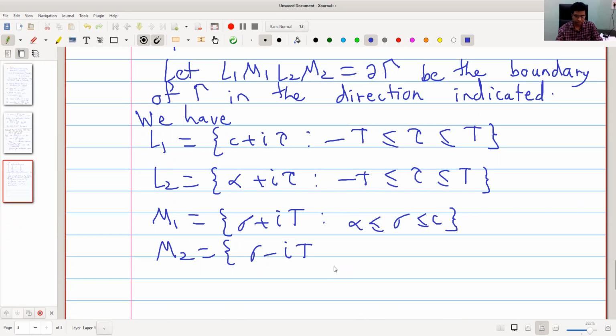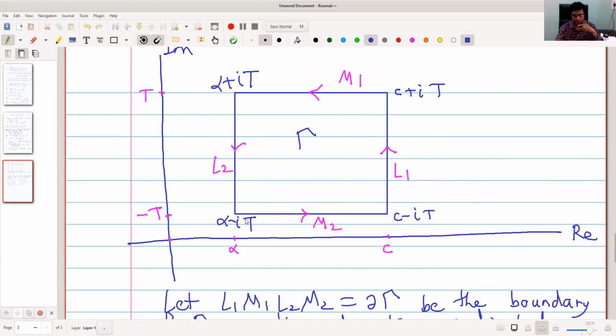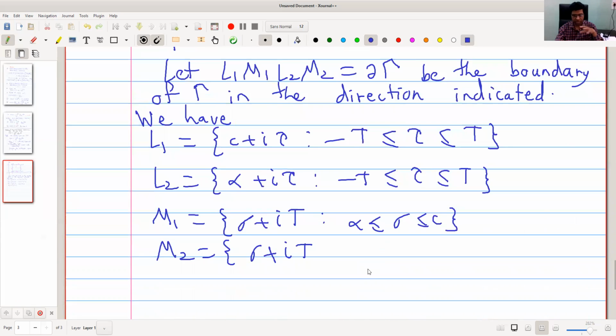Just a minute, sorry, it should be sigma minus iT because minus T is fixed here.